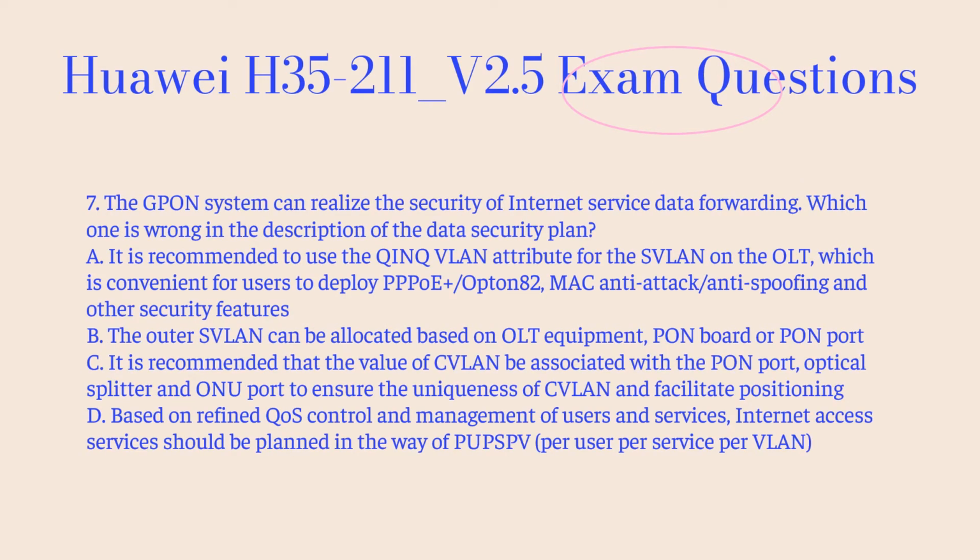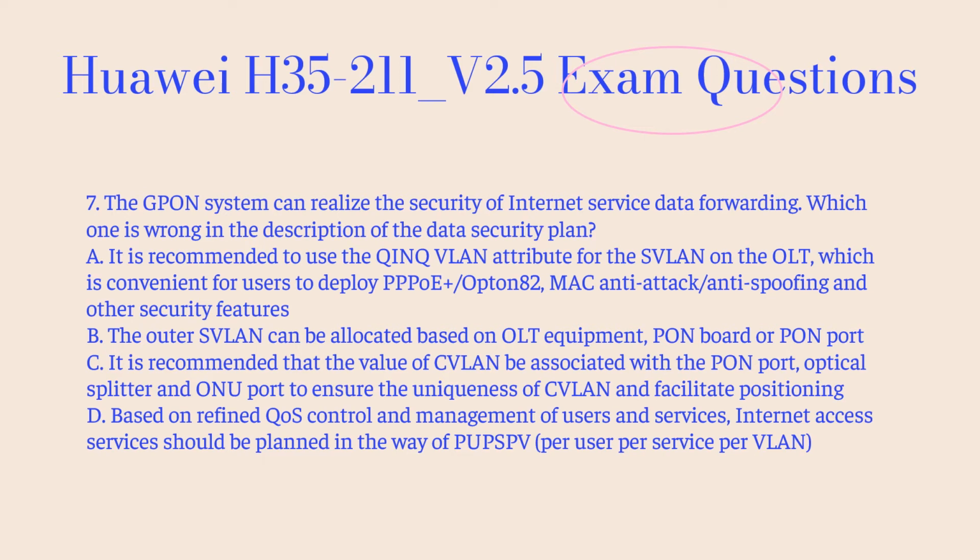7. The GPON system can realize the security of Internet service data forwarding. Which one is wrong in the description of the data security plan? A. It is recommended to use the QinQ VLAN attribute for the SVLAN on the OLT, which is convenient for users to deploy PPPoE+, Option 82, MAC anti-attack, anti-spoofing and other security features.